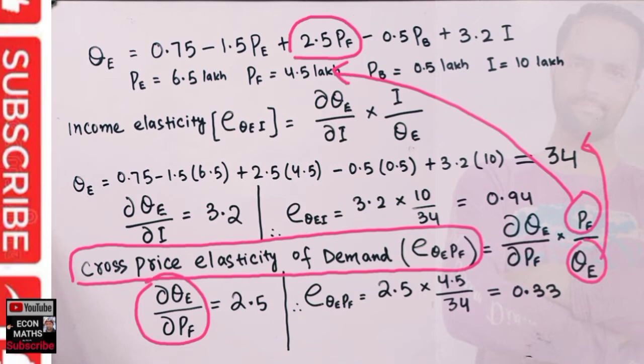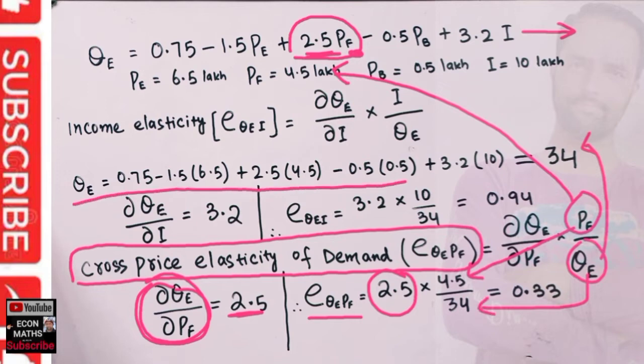Now dQ upon dPF means we need to take the partial derivative of this demand function with respect to PF. Since we have only one term where PF is involved, the derivative of PF is 1, so we are left with 2.5. So I have written here 2.5. Then cross price elasticity of demand will be equal to this dQ upon dPF, which we calculated as 2.5, into the value of PF, which is 4.5, and QE, which we calculated earlier here, which came out to be 34.